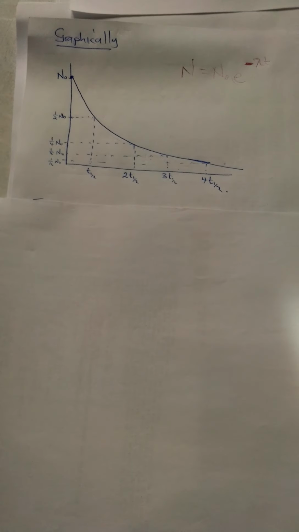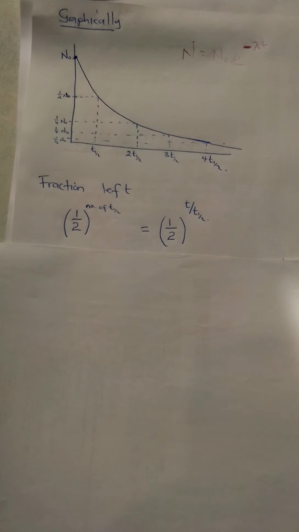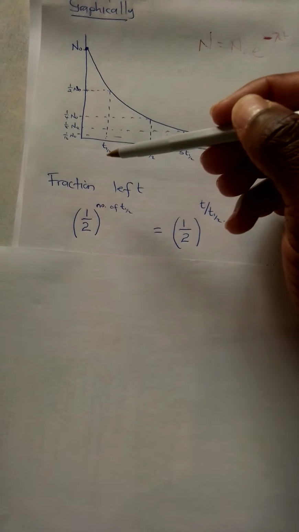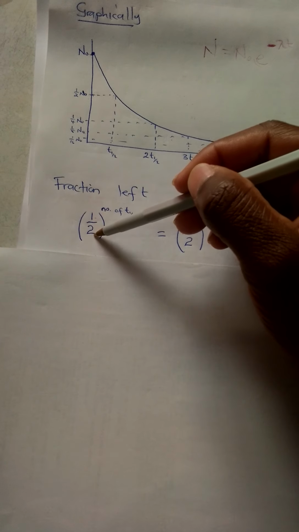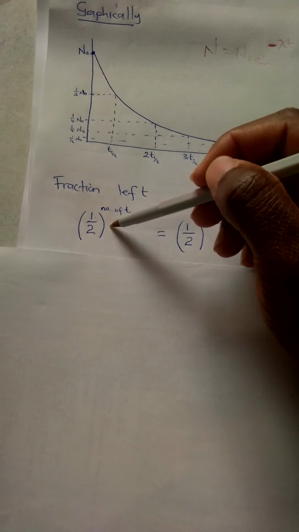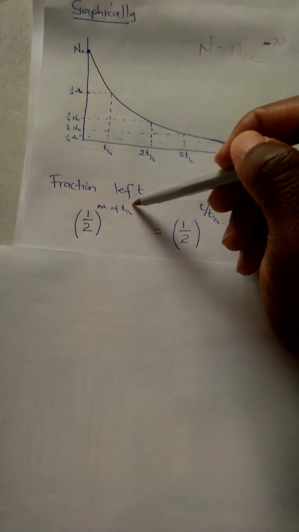So I want to show you how you can come up with a simple expression of finding out the fraction of the remaining sample that is left after any time. So I am going to use this graph because after t half, I'm going to remain with half of the sample. After another t half, I'm going to remain with half of half. After another half, half of half of half.